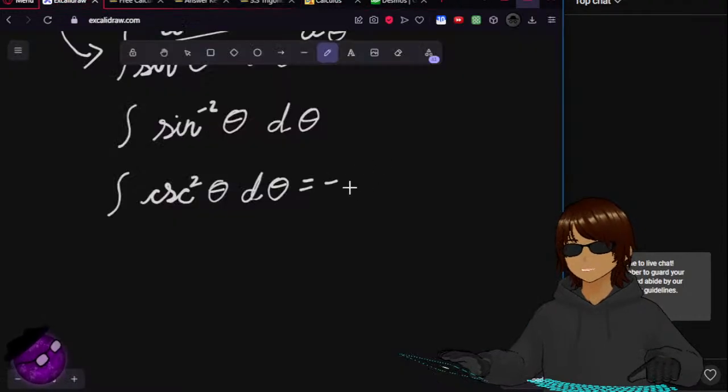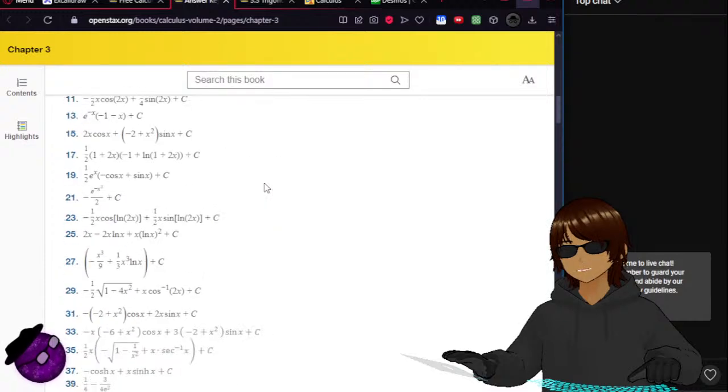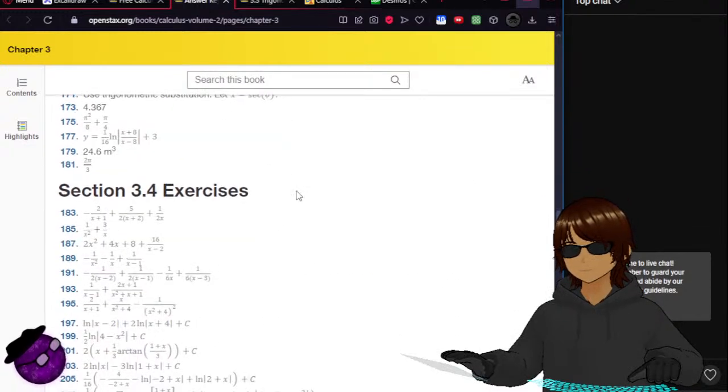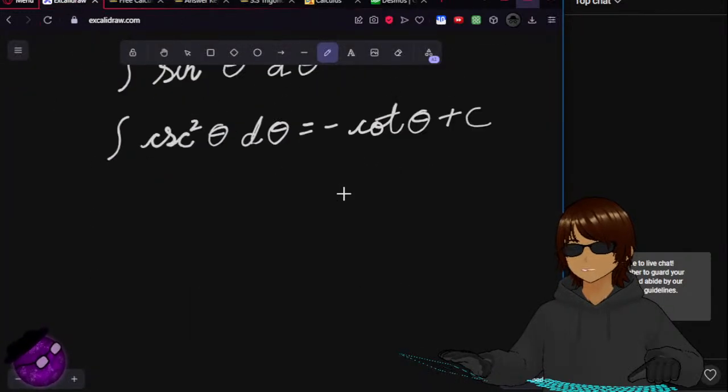That will give me cotangent theta minus cotangent theta plus c. Question 139. Whoops. Need to write it in terms of x.